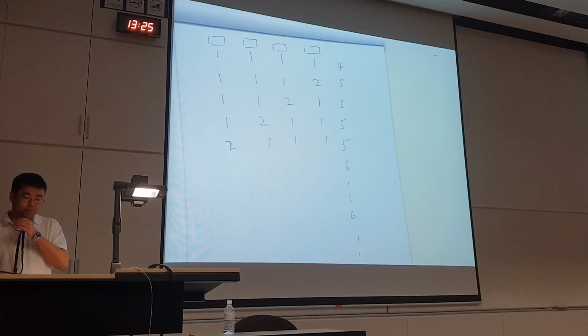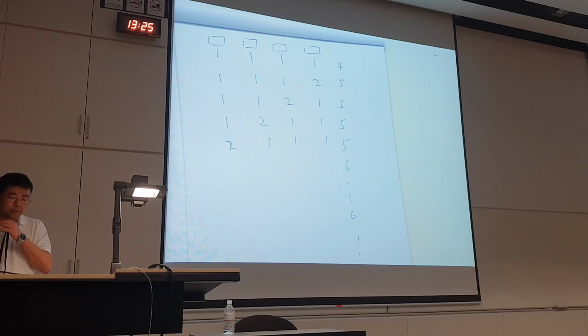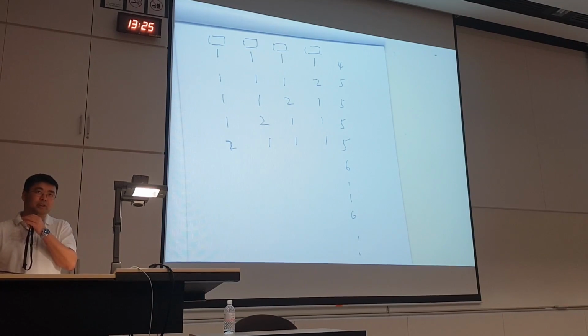So the probability will be the area of this area divided by the whole area, right? So that's the probability, basically. Because you have 5, and overall you have 1 to 16, so you have 16 values. So basically, if you try 5 times, the probability the attacker can break the puzzle is 5 over 16.